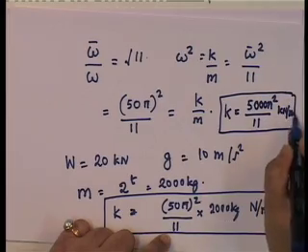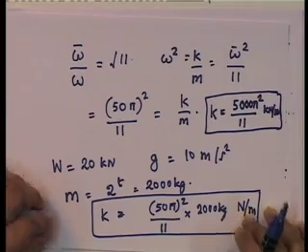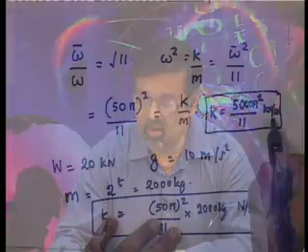We talked about the fact that this seems very soft, but note that, to get a transmissibility ratio of 0.1, we see that it is 5000 kilonewton per meter.